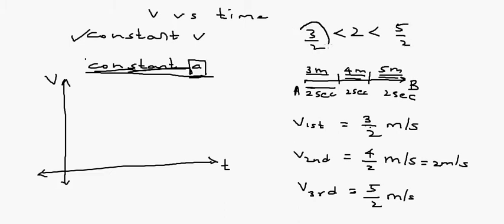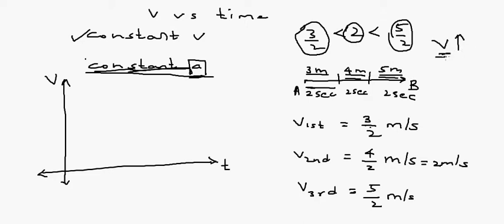So initially my velocity was lesser, then it increased to 2, then it increased to 5 by 2. So you can see my velocity is going up, it's increasing with time. So velocity here is not constant, unlike the previous video.